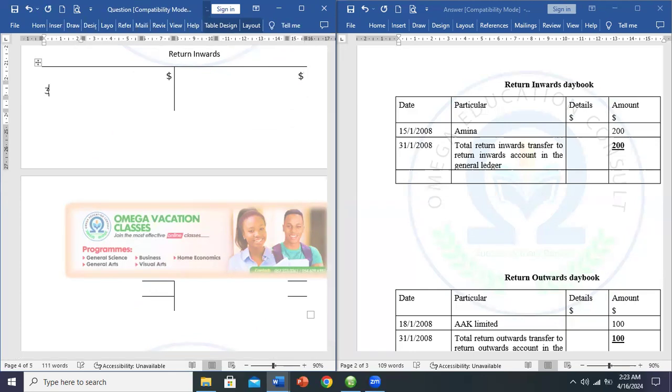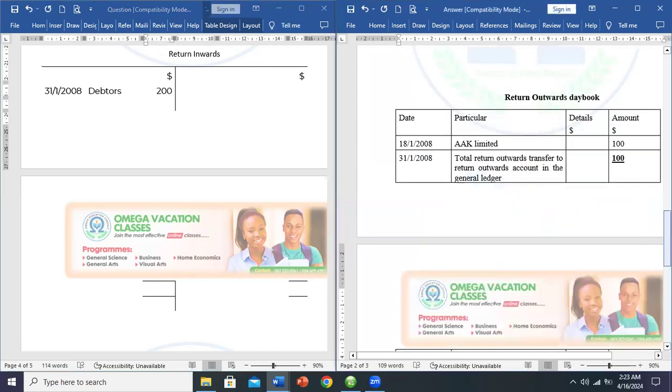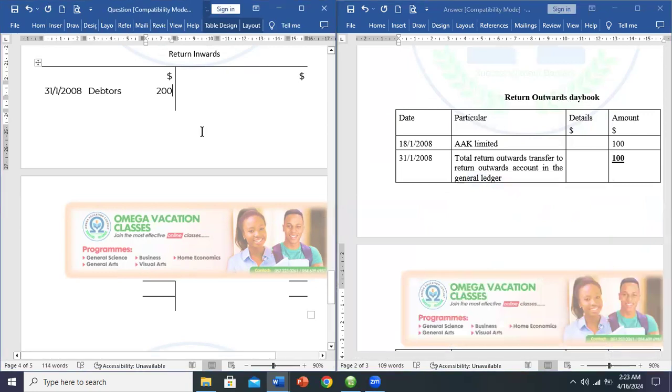Using 31st January 2008, the details will be debtors, 200. And then finally, we have the return outwards, which also happens to be just one entry into AAK Limited. So AAK is a creditor who already has an account in our purchases ledger.